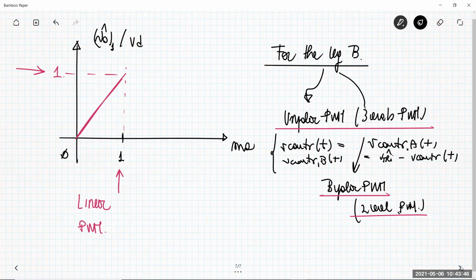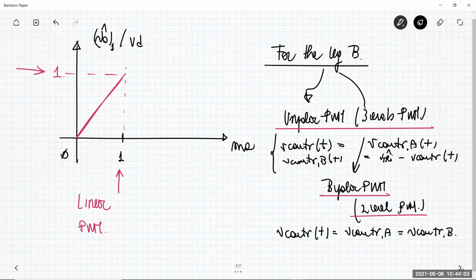For the bipolar, again, the total control voltage is the control voltage for the leg A. What about the control voltage for the leg B? Even the control voltage for the leg B is the same as the control voltage.